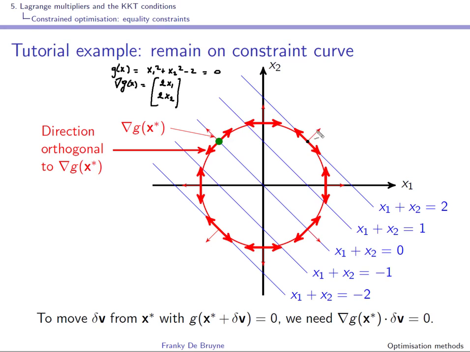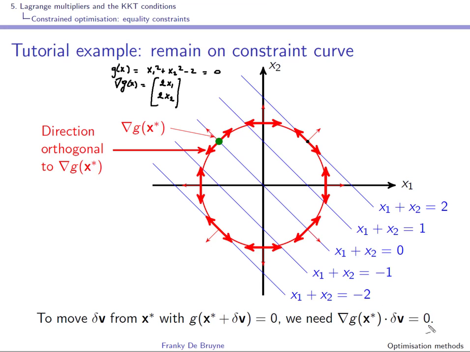And as you can see here, this gradient, when you have a point on the curve, is pointing outward, right? So it is perpendicular to the tangent, and this is true in every point, right? So it is also true in this point. So this is the gradient that is shown over here, and if you take a small step in a direction that is perpendicular to the gradient, then you're going to stay on the curve g of x is equal to 0.